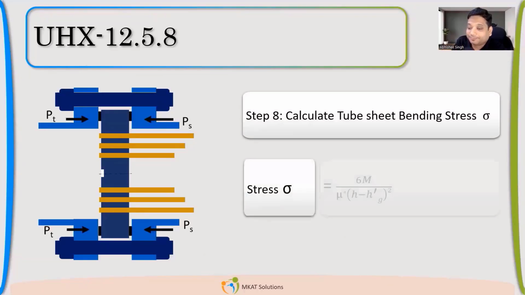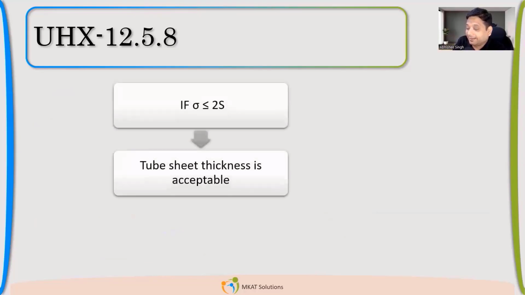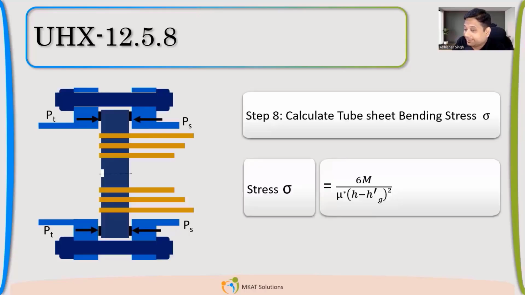So now this is the bending moment formula. It looks very similar to M by Z. So M is divided by that ratio, mu star h minus h dash G square, which you can consider as Z. So M by Z is my bending stress.